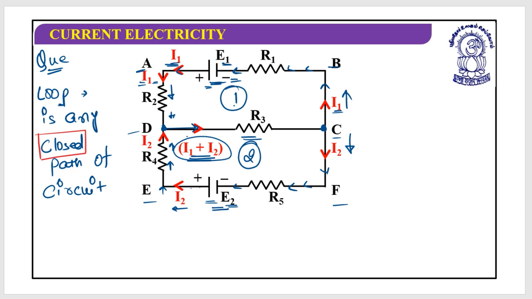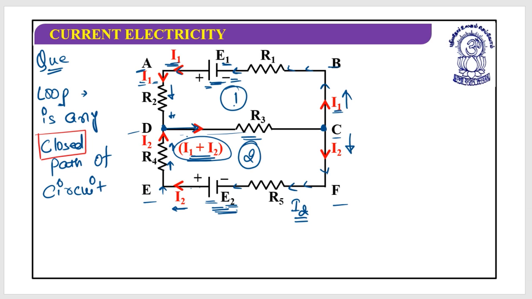I repeat, whatever amount of current is leaving the source, let's take the example of E2: from E2 current I2 is leaving. If after passing through the loops, current I2 is coming back to E2, that means you have divided your current appropriately. If it is not the case, you made a mistake somewhere. So if the same current is not coming back, you need to observe your current distribution again.